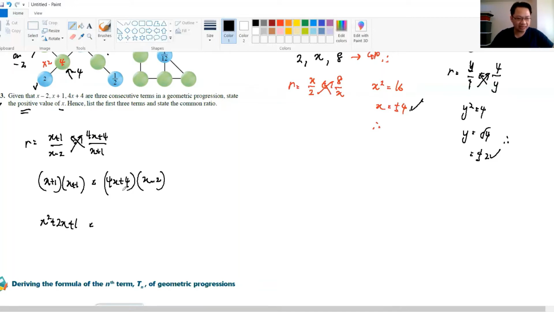Please double check, is that correct or not? x squared minus 8x plus 4x minus 8. So we simplify by finding the general form. So it will become 3x squared, negative 8 plus 4 is negative 4, minus 2, negative 6x, negative 8 minus 1, negative 9 equals 0.